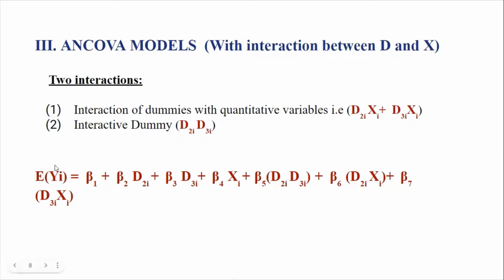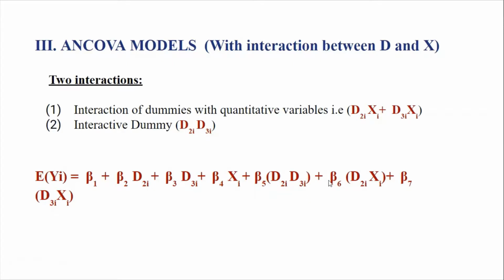Now the regression equation in this case of the ANCOVA model with interaction between dummy and quantitative variable would be written as the expected value of yi is equal to beta 1 plus beta 2 d2i plus beta 3 d3i plus beta 4 xi. So this much of the equation is the same as the previous one. Now you are adding three new components. Next is beta 5 d2i d3i, which represents your interactive dummy.